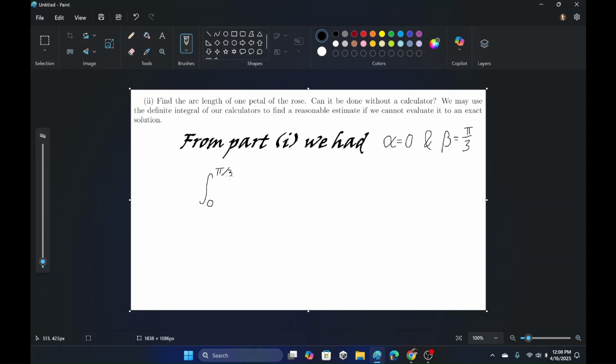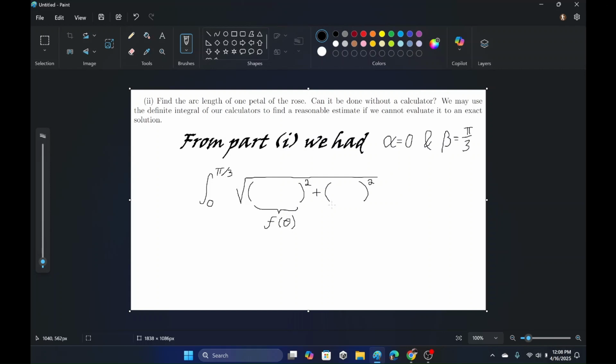If you follow the formula that we just saw earlier, it's the square root of the r function squared plus the derivative of the r function squared. Yeah, so here we're going to put in just the original function of theta that we were given.